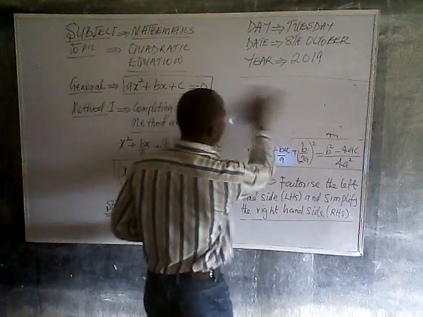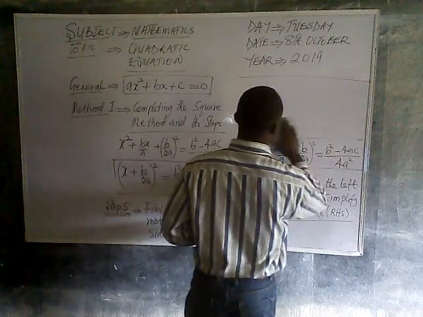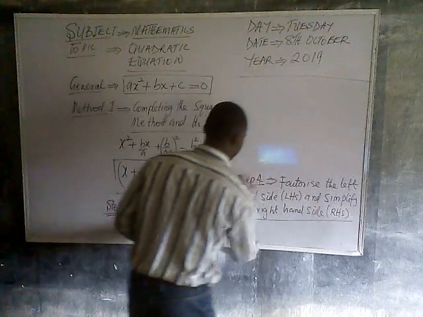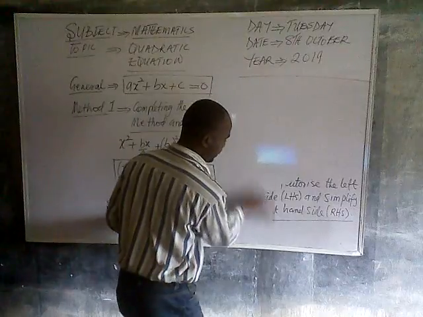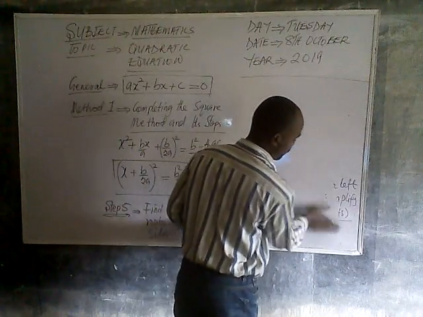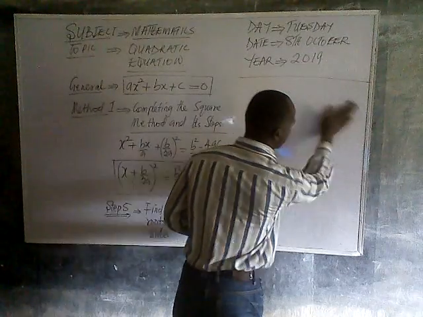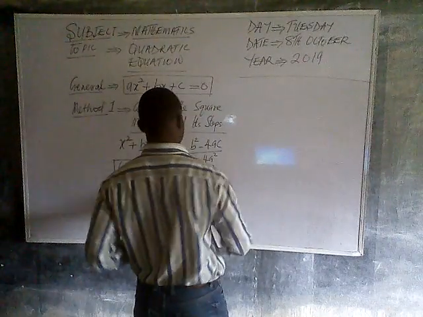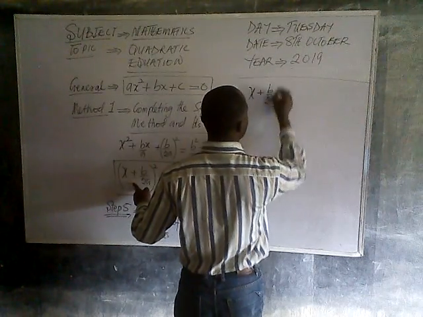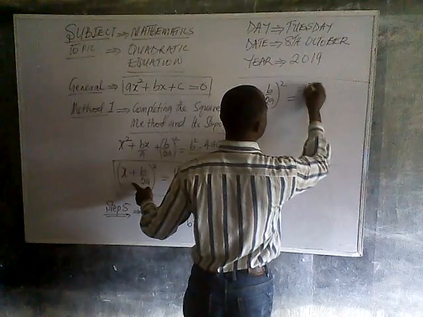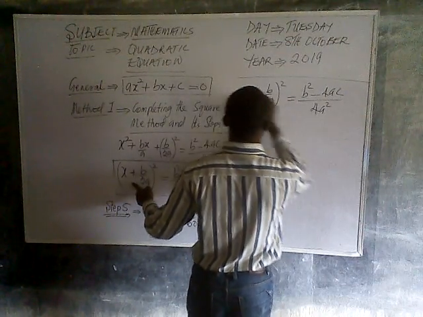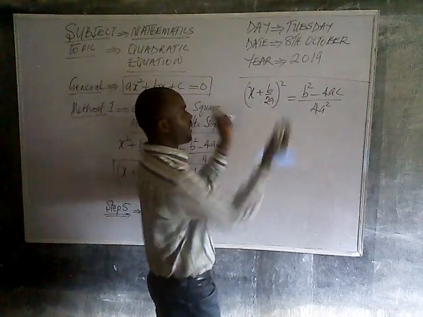Let's look at how this can be resolved stepwise until we arrive at the final step, which is number 6. Step 6 is the final step. Very soon we'll be done with all this. The original equation is x plus b over 2a, squared, is equal to b squared minus 4ac all over 4a squared. They say find the square root of both sides.